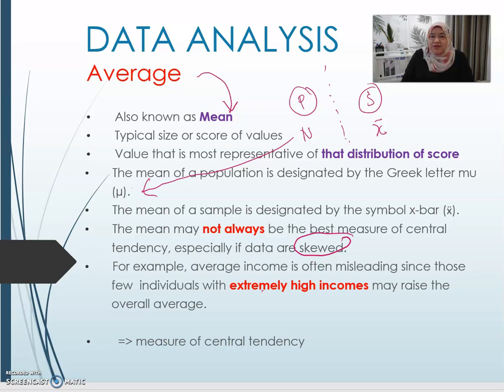So we can get the average by looking at the frequency and totalling up and getting the mean score for that. But it sometimes can be misleading because there are a few extremely high incomes that will influence the mean data.